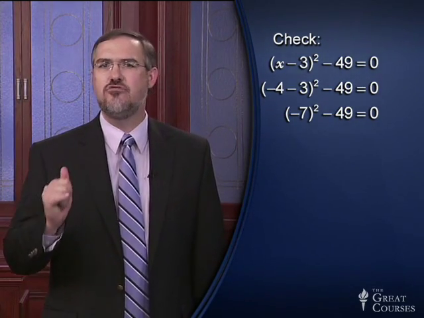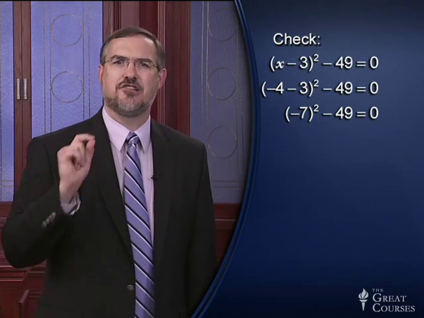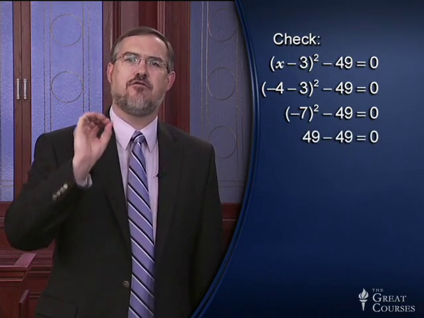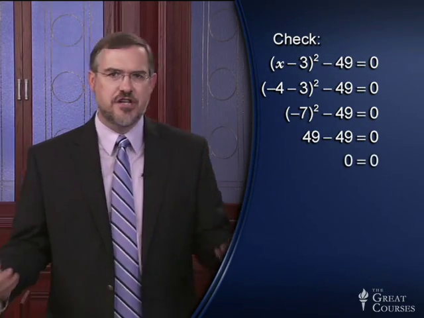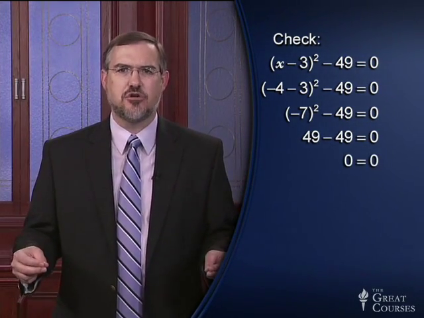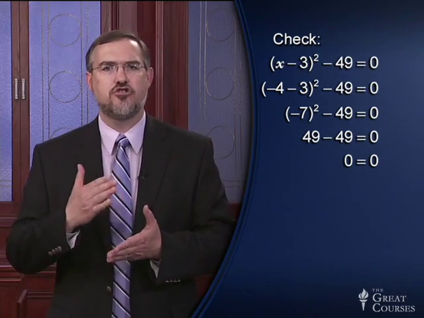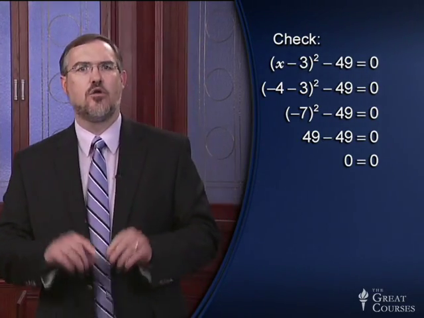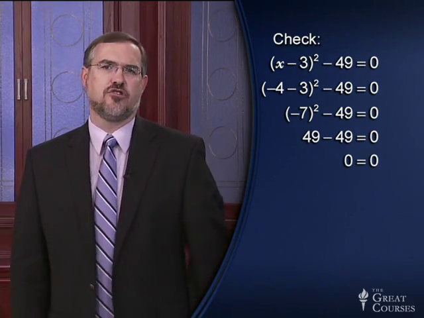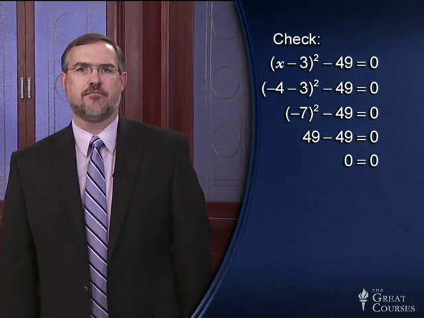When you multiply two negative numbers together, you get a positive one back. And that means you're going to have 49 minus 49, which equals 0, or 0 equals 0. That's also true. And therefore, we know that our two numbers, x equals 10 and x equals negative 4, really are solutions of the original equation.